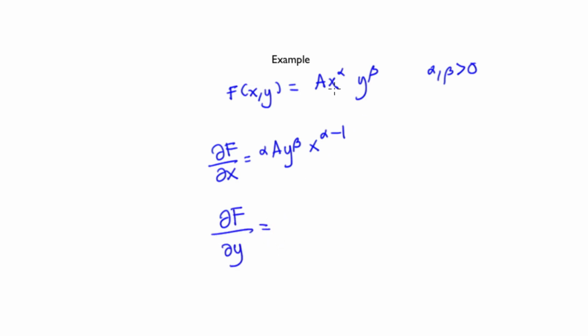We do the same thing, except that now we treat x as a constant. So let's write first the constants, A x to the alpha, and then we take the derivative of this, which is going to be beta y to the beta minus 1. Please take this example as reassurance that the mechanics of computing these partial derivatives is straightforward. It's just a trivial generalization of what you know from univariate calculus.